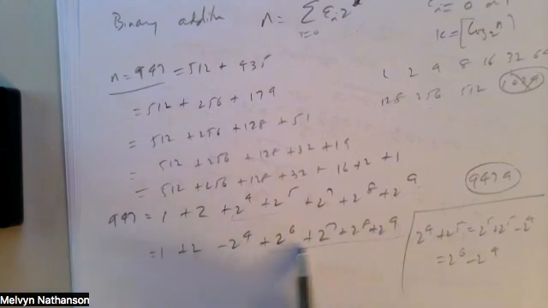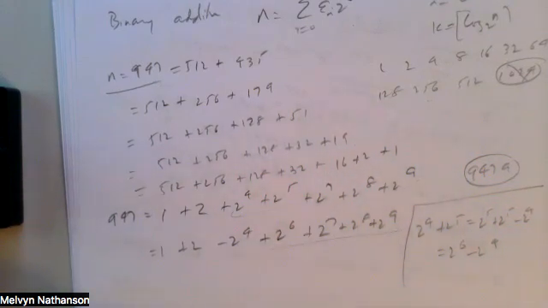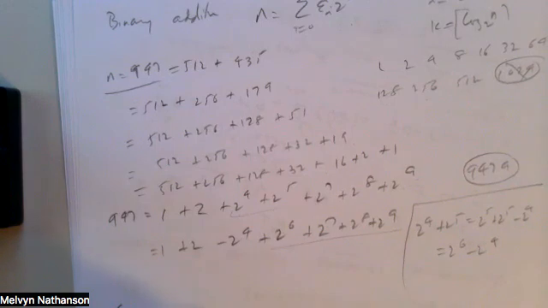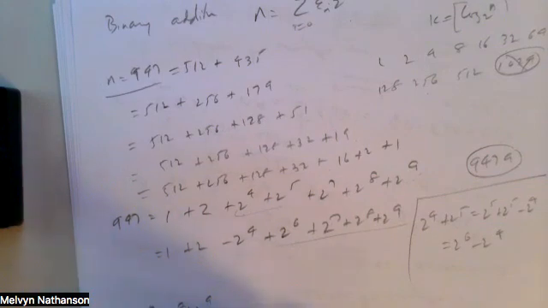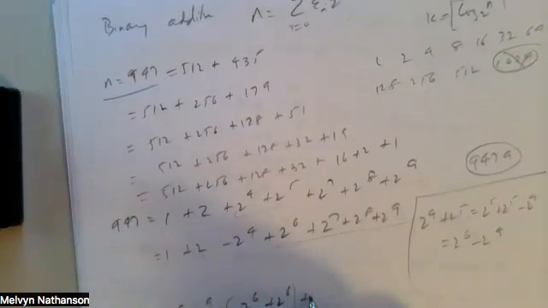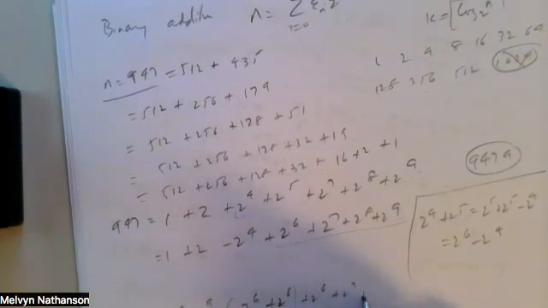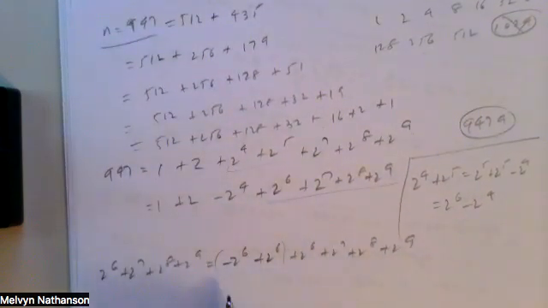But now we have these 4 consecutive powers of 2, and let's make the following sneaky observation. 2 to the 6th plus 2 to the 7th plus 2 to the 8th plus 2 to the 9th is, minus 2 to the 6th plus 2 to the 6th, that's just 0, plus 2 to the 6th plus 2 to the 7th plus 2 to the 8th plus 2 to the 9th. I just added 0 to this.